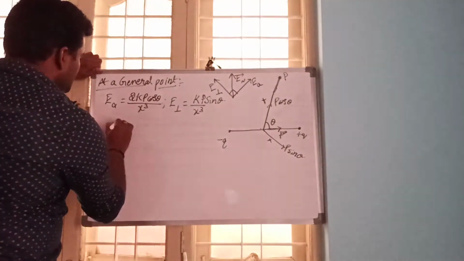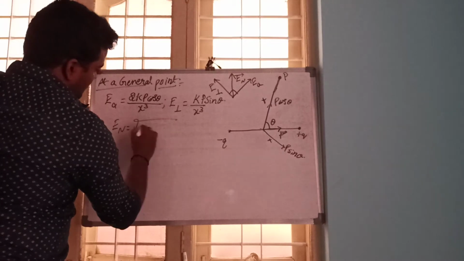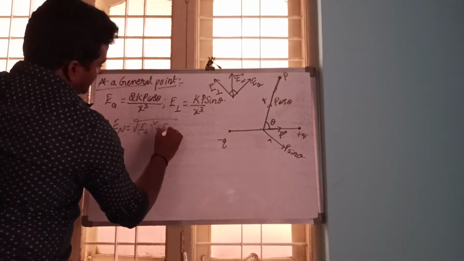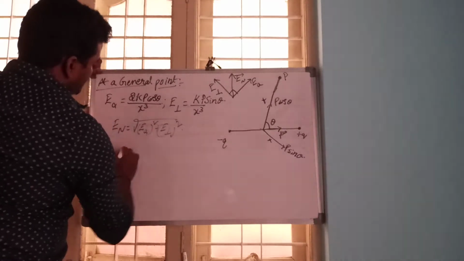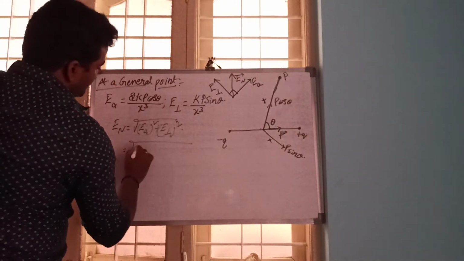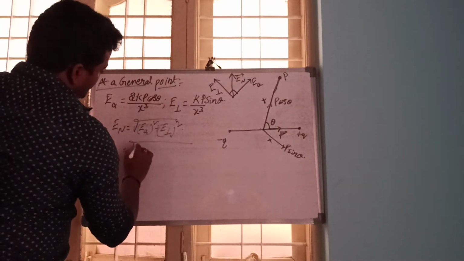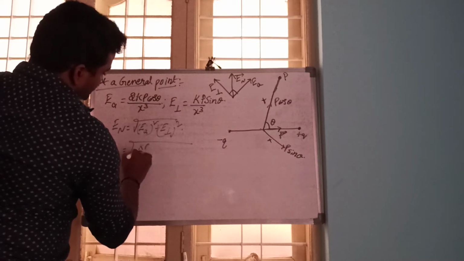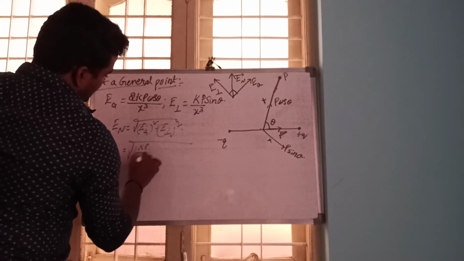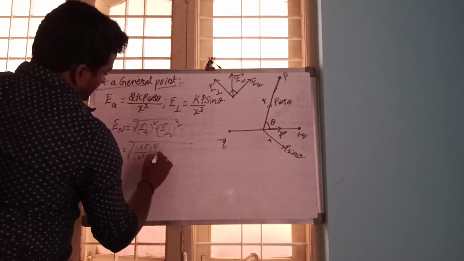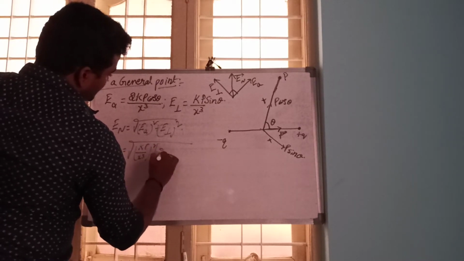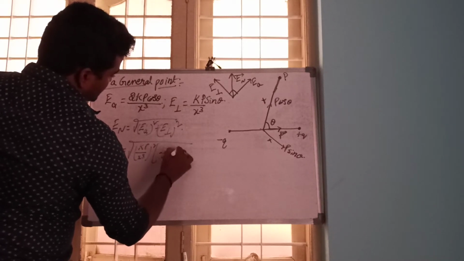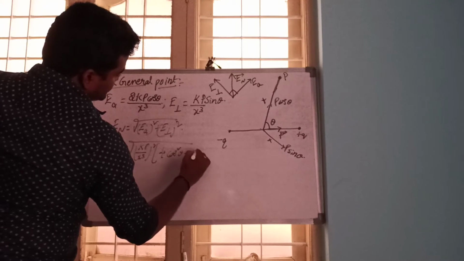So the net electric field equals, since they are perpendicular, root of E axial square plus E perpendicular square. Since kp by x cube is common to both, I am taking it out, so it will be kp by x cube times root of 4 cos square theta plus sin square theta.